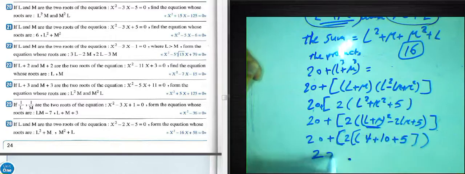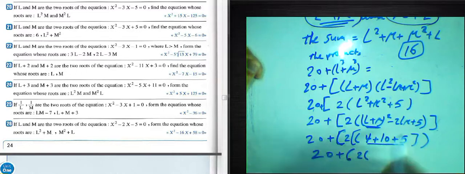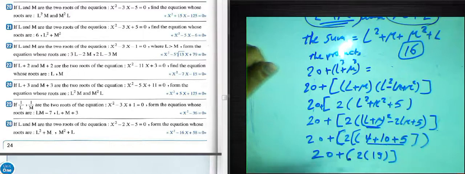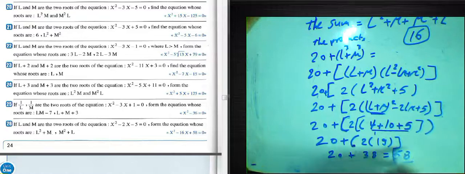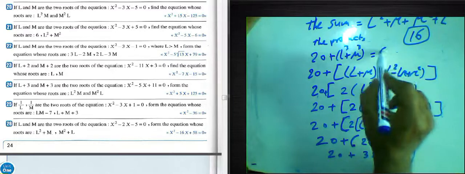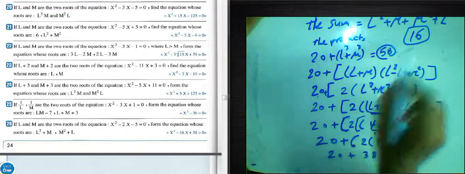The result will be 20 plus 2 times 19, equals 38 plus 20, equals 58. It was the product, so the product will be 58 and the sum was 16.